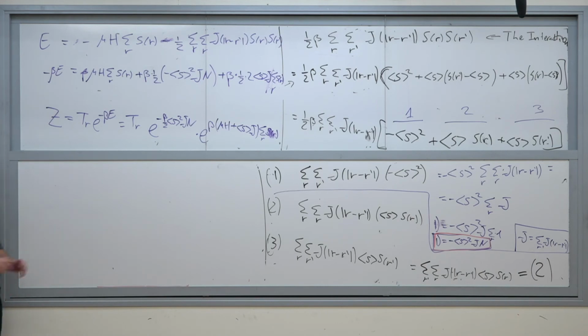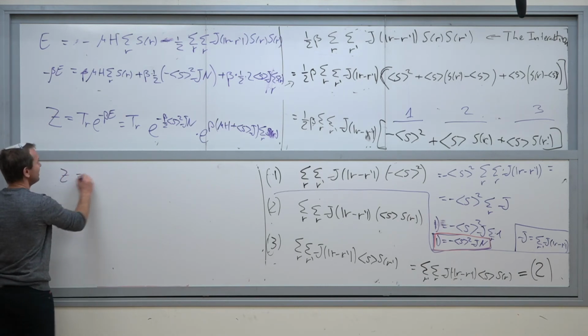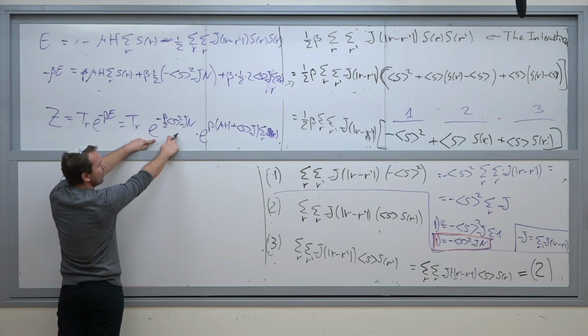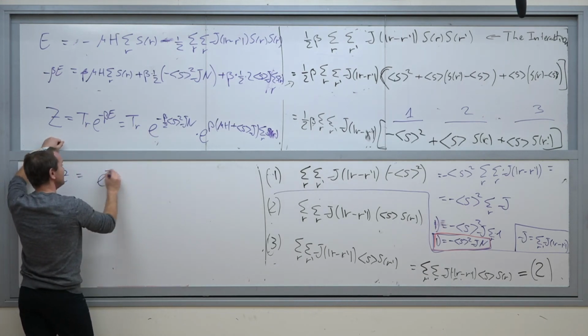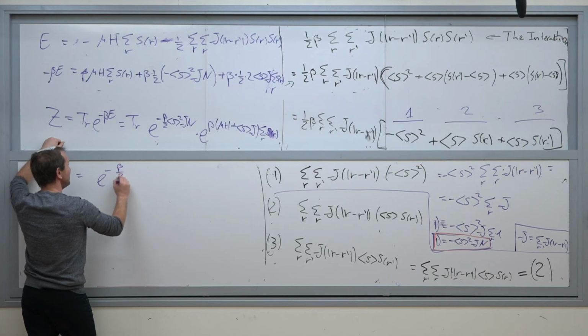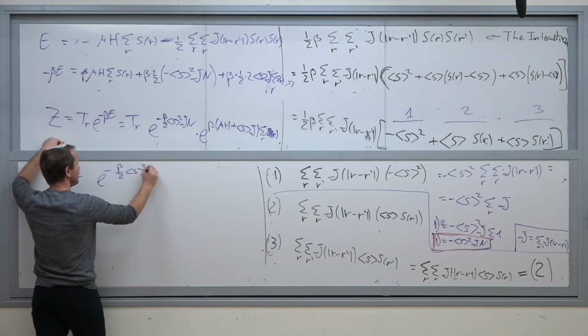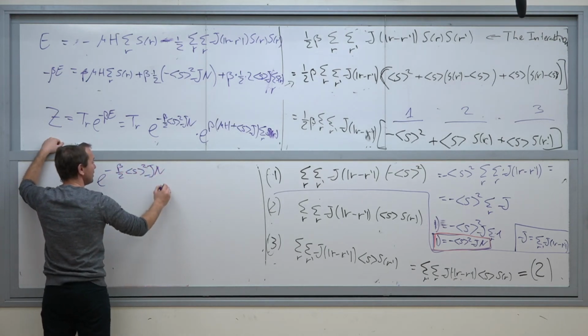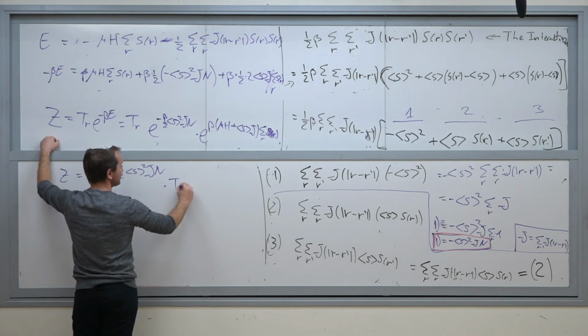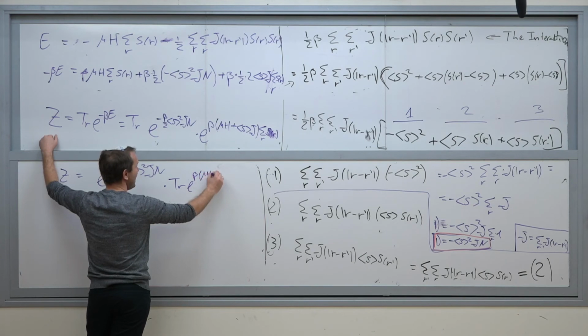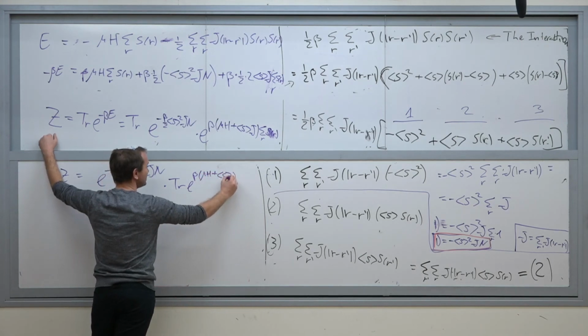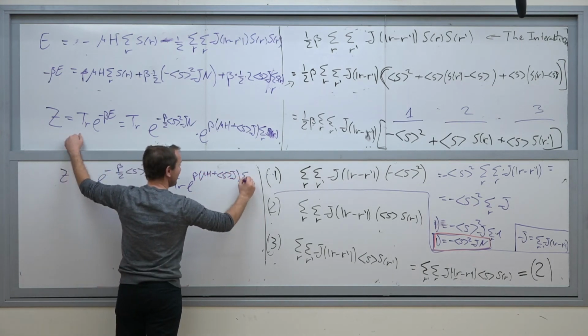Let's take a closer look. What is Z? This is not dependent on the different states of the spins. We can take it out. It's simply e to the power minus beta divided by 2 s squared j n multiplied by trace of e to the power beta mu h plus average s j sum of r s of r.